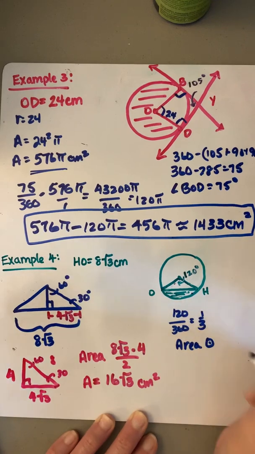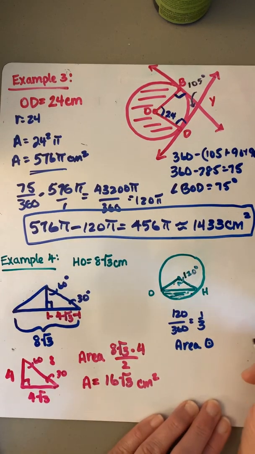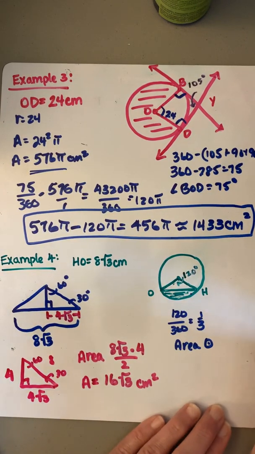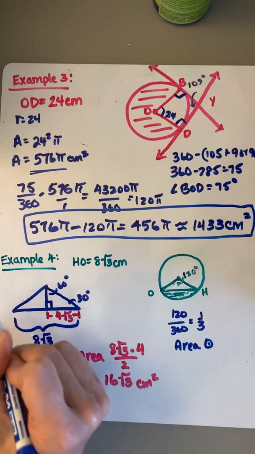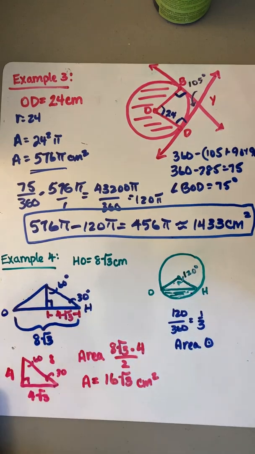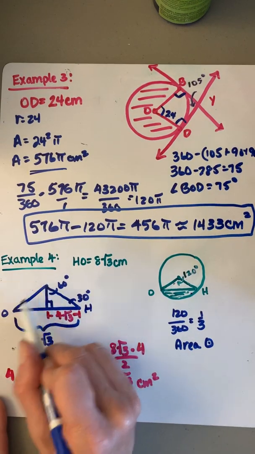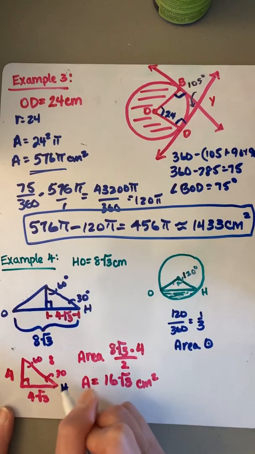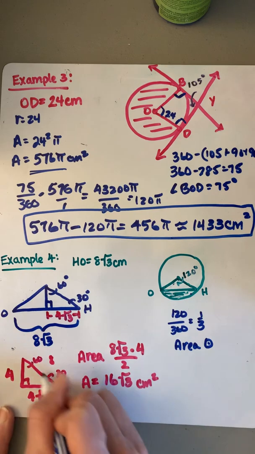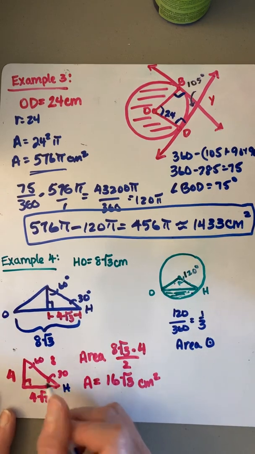The area of the circle is going to be the radius, which, did we figure out the radius? Let's see. This was OH, and so our radius was going to be from O to the center. If I'm looking here, it's H. There was my center, so that means my radius is 8.